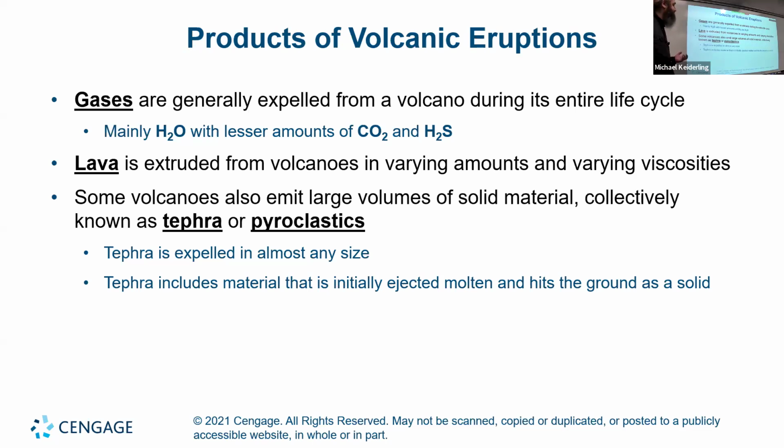Tephra includes material that's originally injected molten and hits the ground as solid. So this includes certain types of volcanic ash, which is cooled little droplets of lava, and also things like lava bombs.